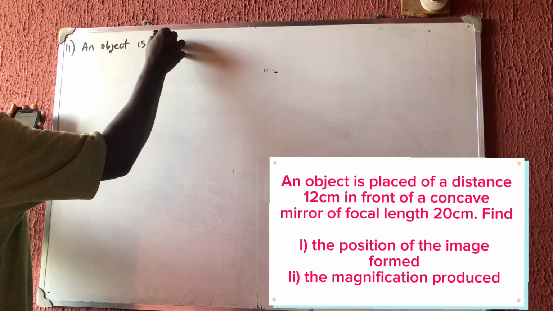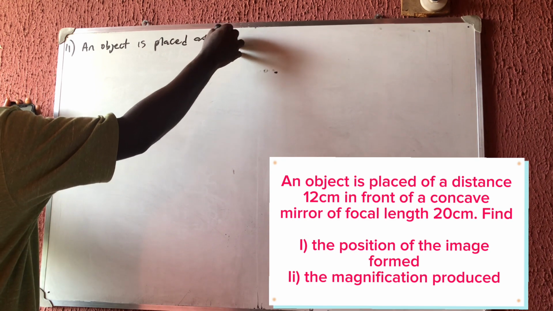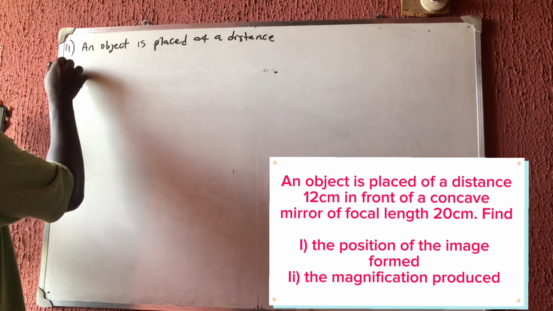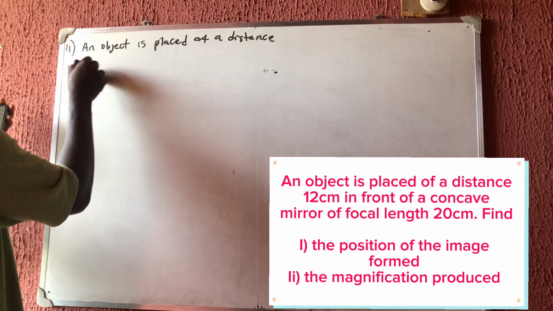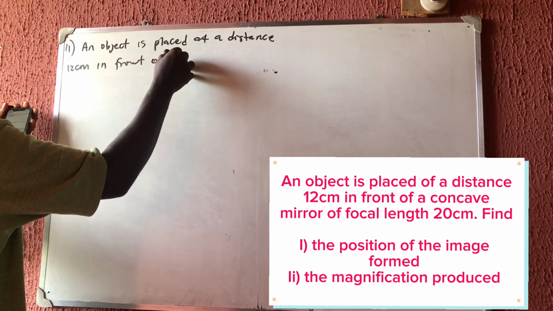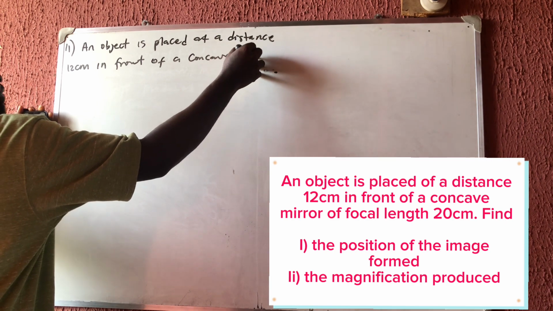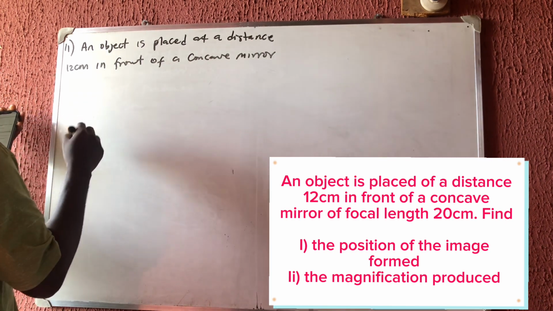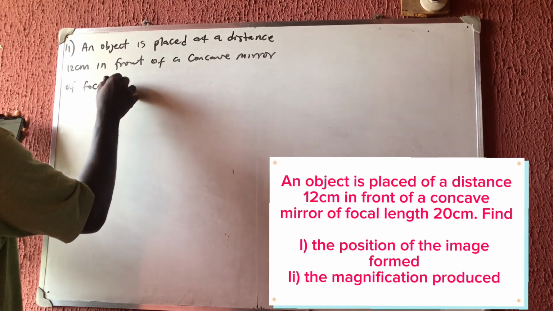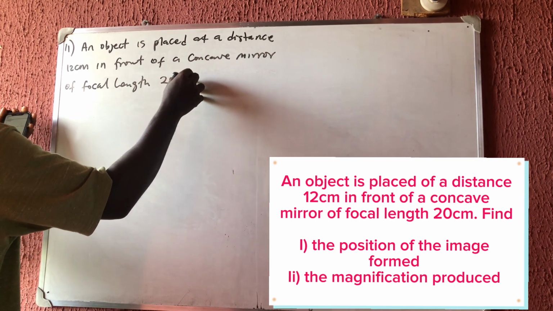Question 11 said an object is placed at a distance 12 cm in front of a concave mirror of focal length 20 cm.